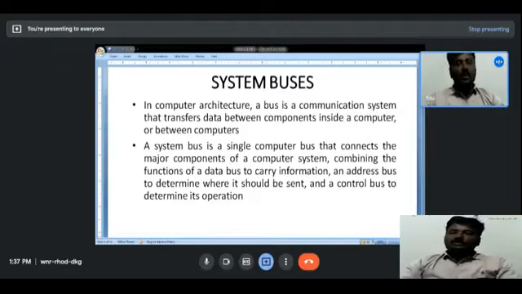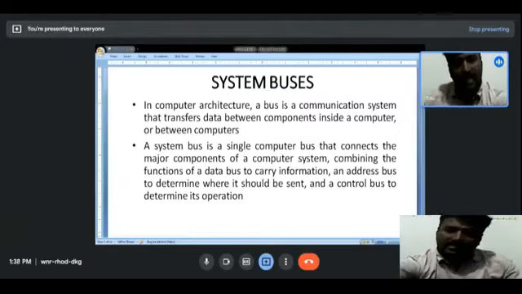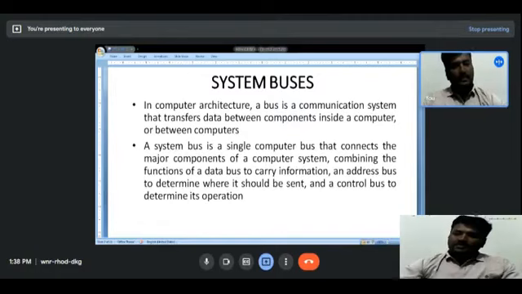A system bus is a whole bus which involves data, address, and control information. The address bus is used to determine where the data is stored and where the particular data is retrieved. So these form the system bus.